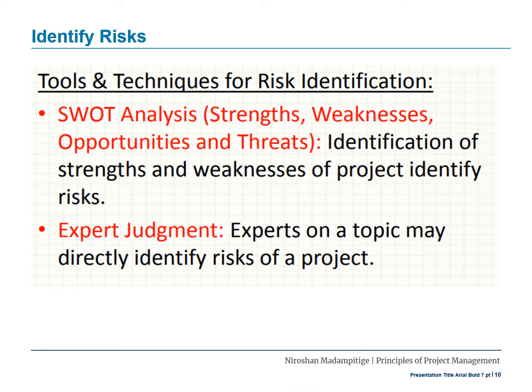Another popular technique in risk identification is SWOT analysis. SWOT stands for strengths, weaknesses, opportunities, and threats. This is the process of identifying strengths and weaknesses of a given project situation. Expert judgment, another famous way of identifying the risks.